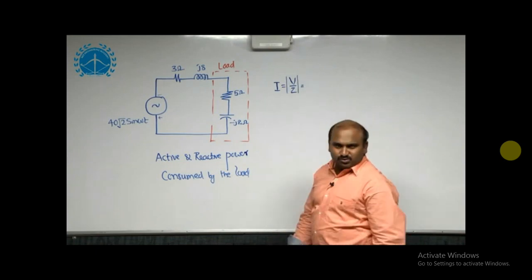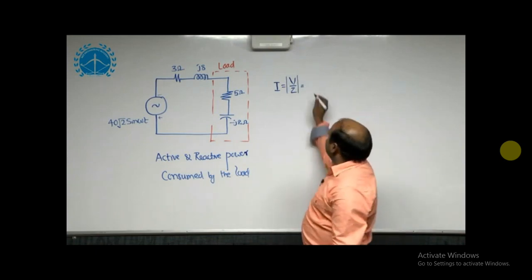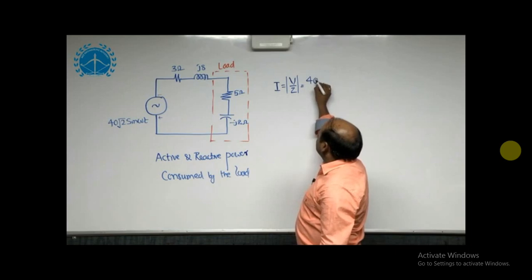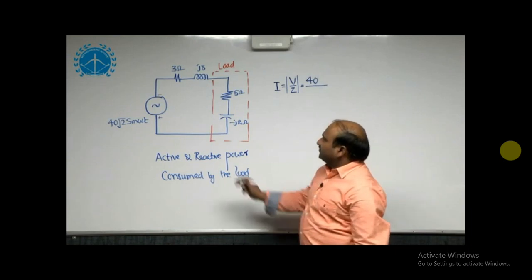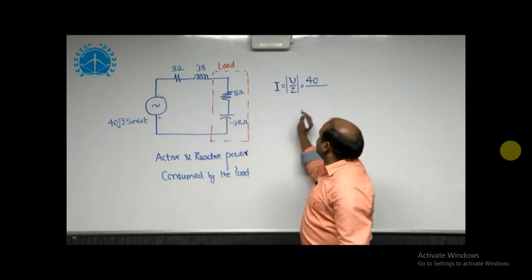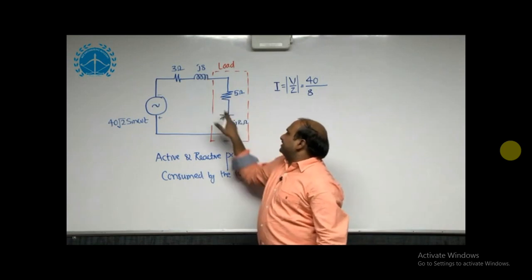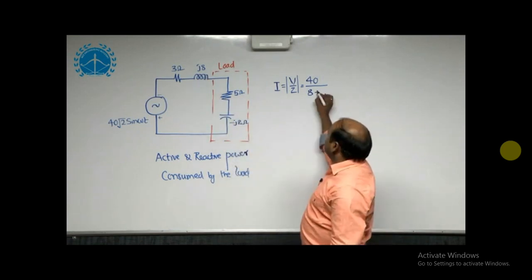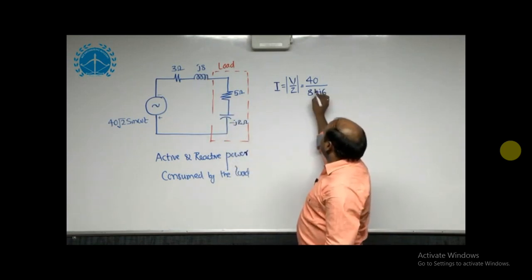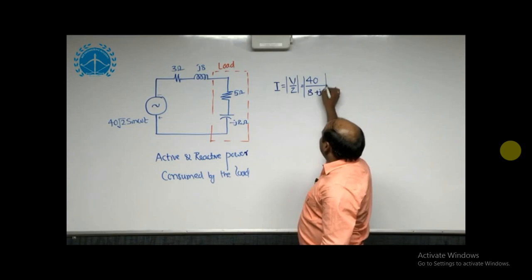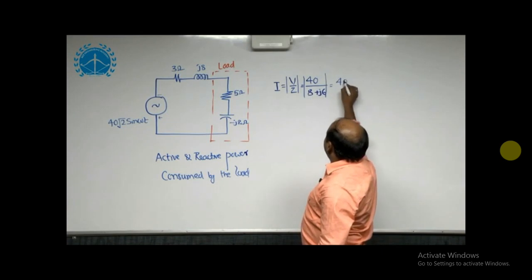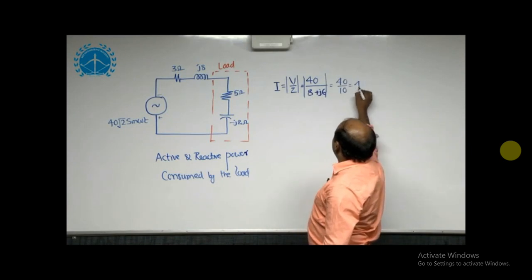Only magnitude I am considering. That is here 40 volts, and the total impedance, if we take 3 plus 5, which is equal to 8, because all are connected in series, plus 8 and minus 2, this is plus j6 we are getting. According to this, the magnitude I can take is 40 by 10, which is equal to 4 amperes.